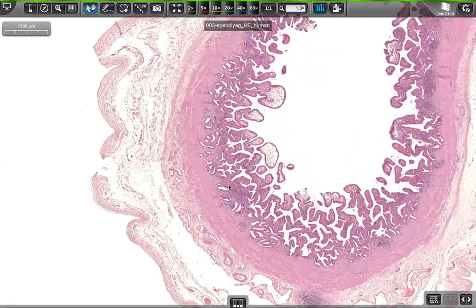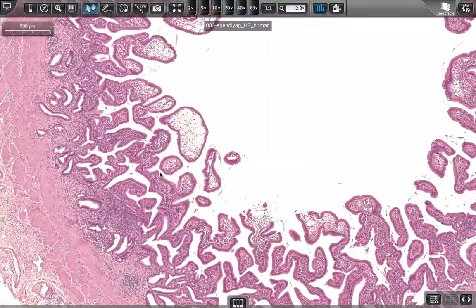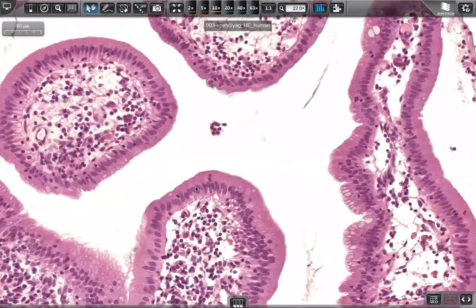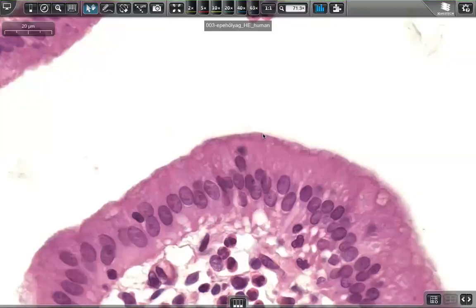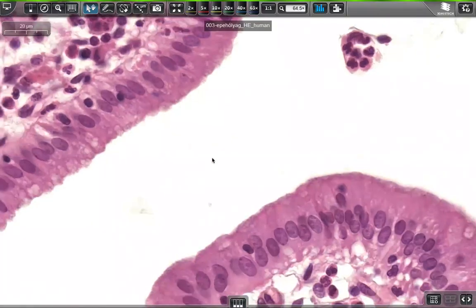So looking at this section of the gallbladder, here we have the mucosal folds lined by simple columnar epithelium, and at the top this epithelium represents the microvilli. It's harder to see, maybe there.